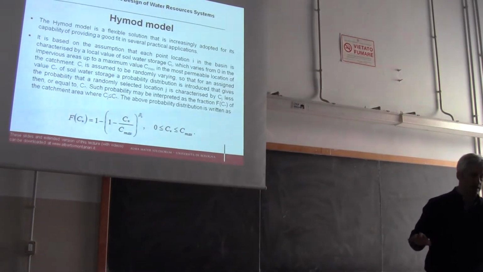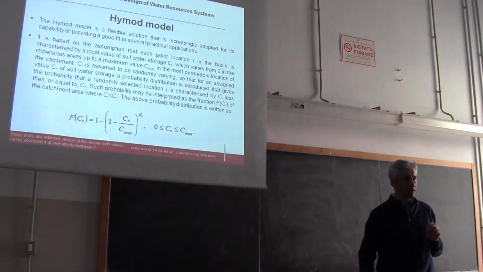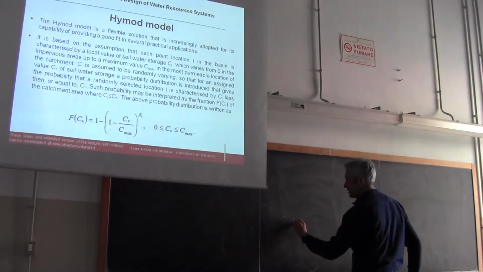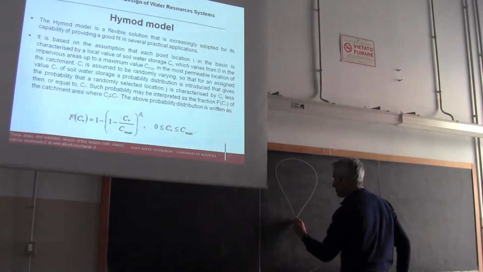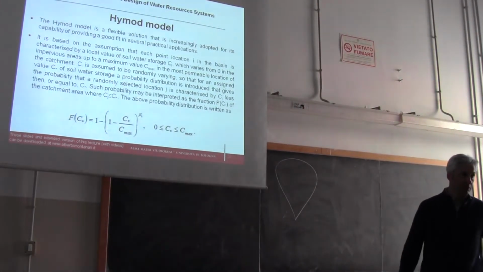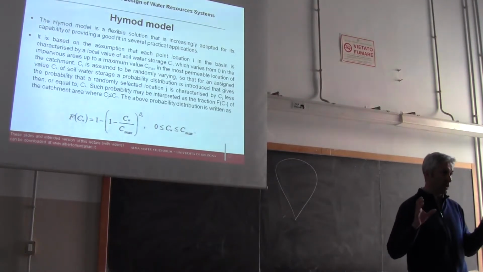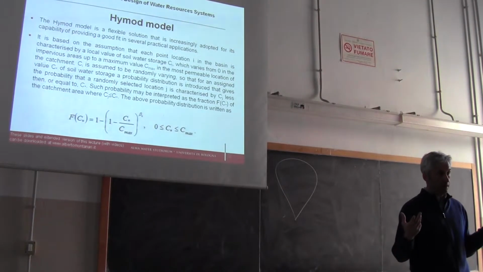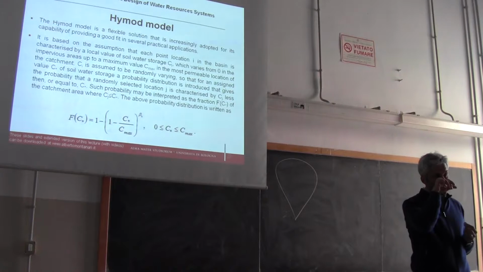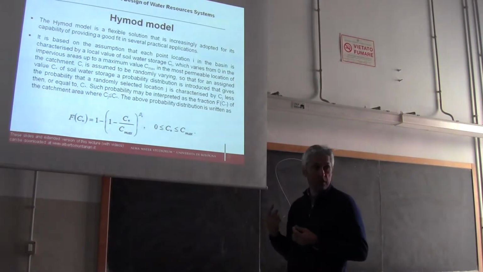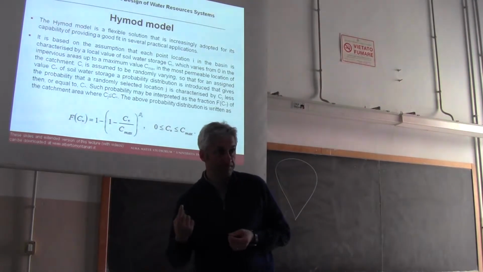First, let's start by assuming that any location in a catchment is characterized by a potential storage, a maximum storage. It means that when it rains, any location can potentially absorb a quantity of water. And let's indicate this quantity of water, this storage, with a length, which is storage per unit area.